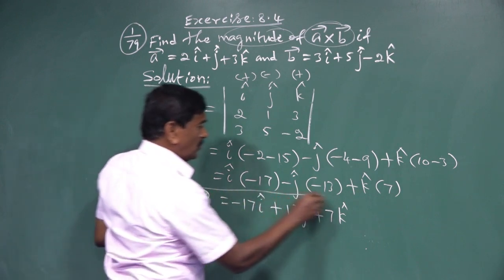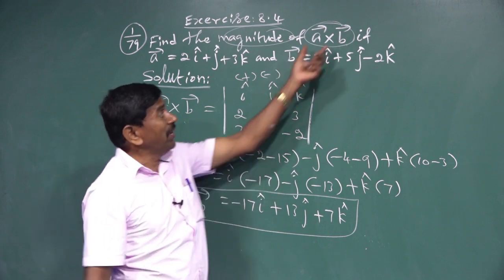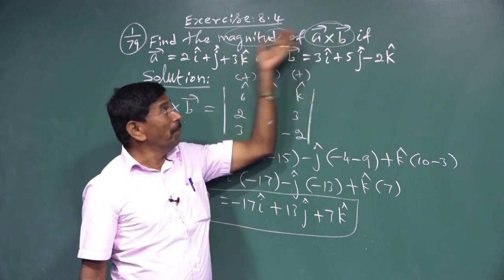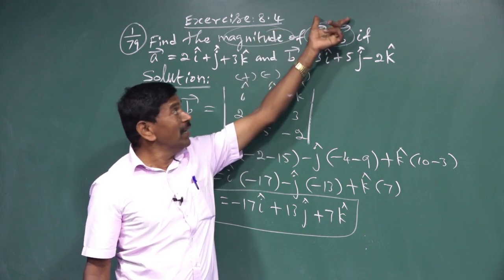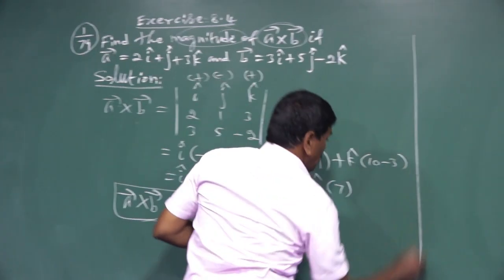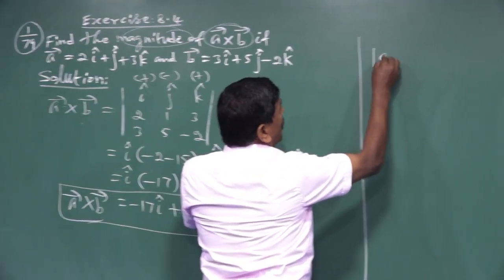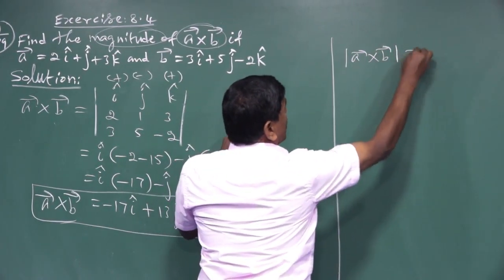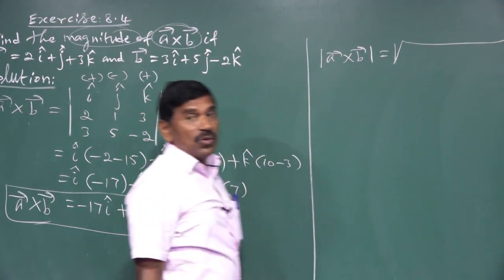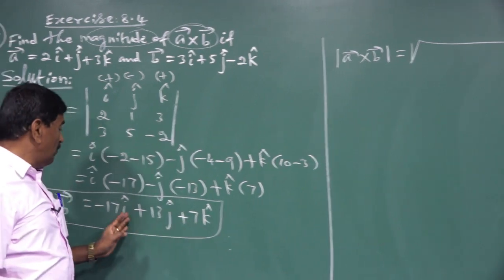First complete A vector cross B vector, then we want to find the magnitude of A cross B. The magnitude of A cross B is the modulus of A cross B. So now step 2: modulus A vector cross B vector is equal to the square root of the sum of the squares of ijk.